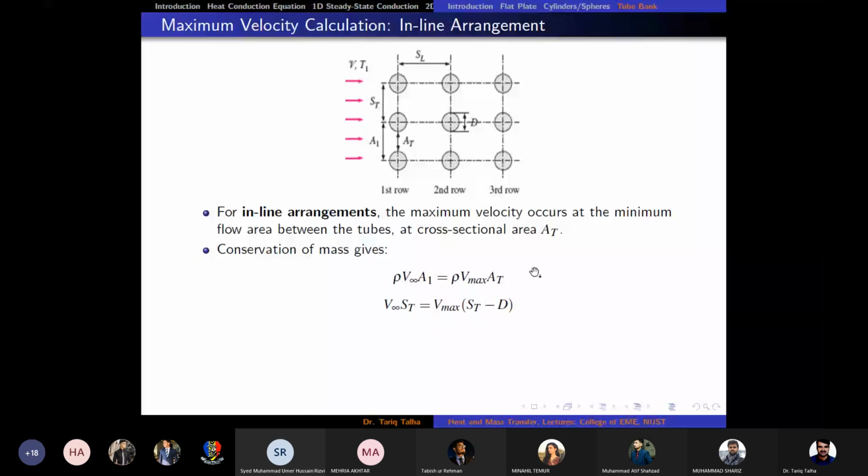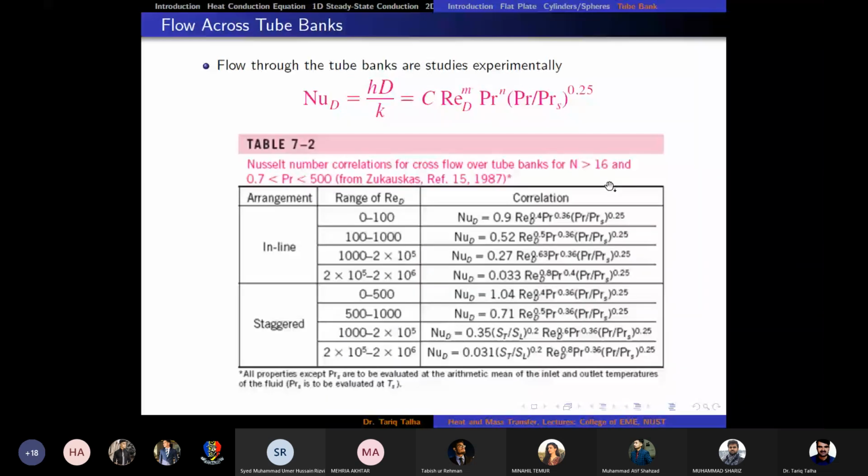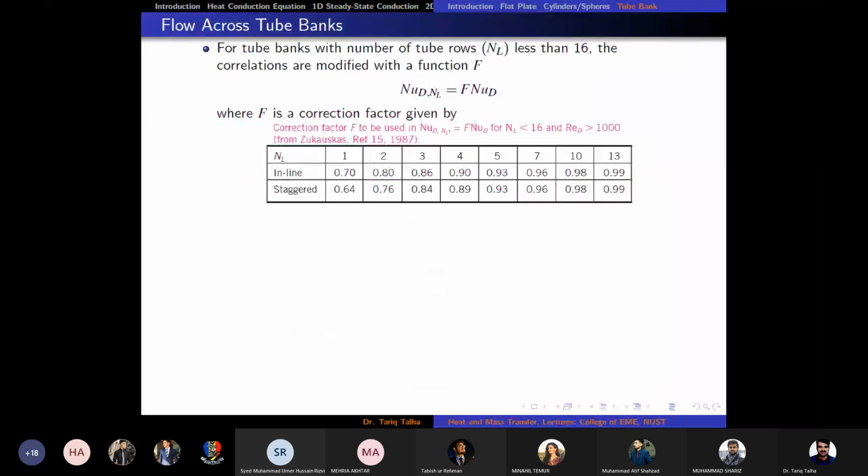Those Nusselt number correlations are only applicable when the number of rows in the flow direction is equal to 16 or more than 16. Then we can use these relations. If the number of rows in the flow direction is less than 16, then we need to apply a correction. That correction factor is F.